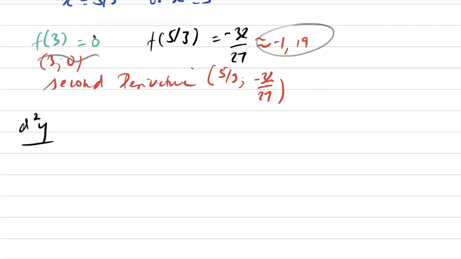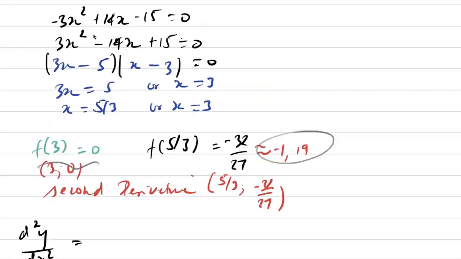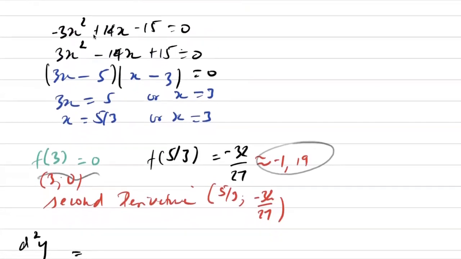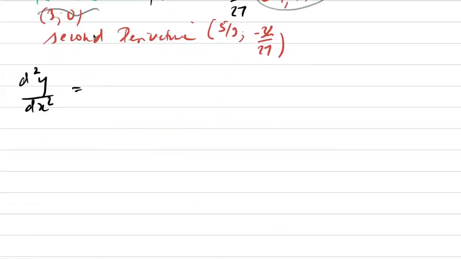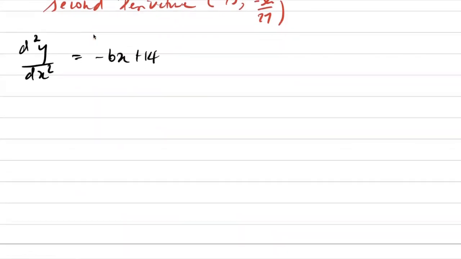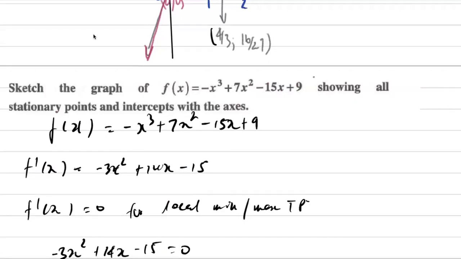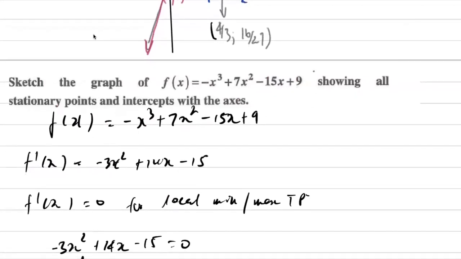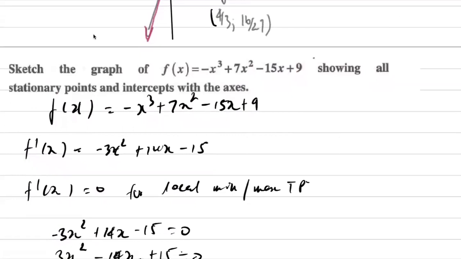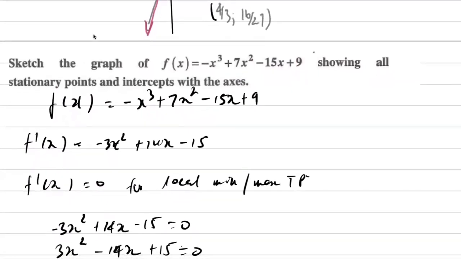So d squared y over dx squared is negative 6x plus 14. Remember, we're just basically testing. We're not looking for the point of inflection. Or did they ask us to do that? No, they didn't say. So they're not looking for those points. They want all the stationary points and intercepts only.